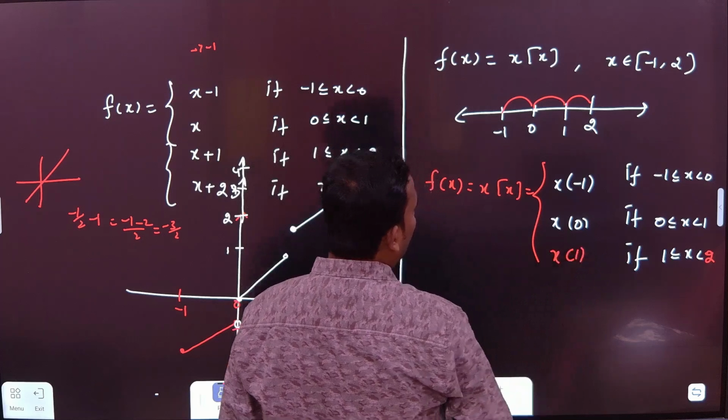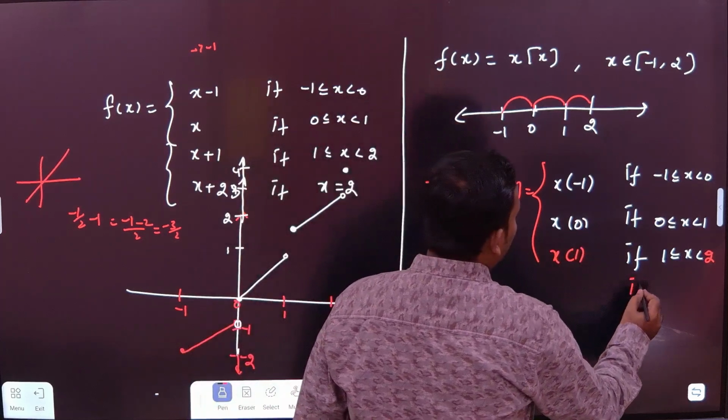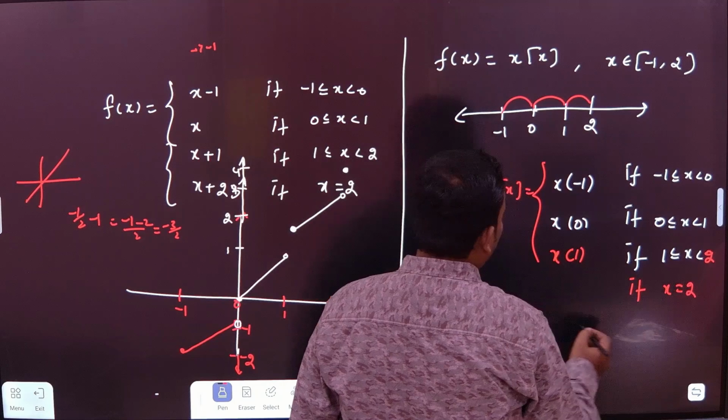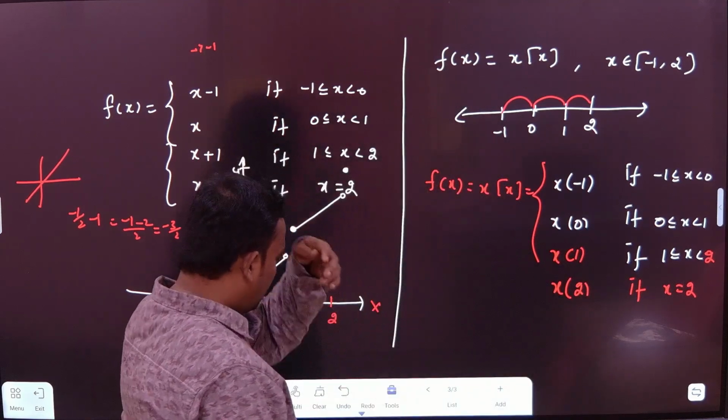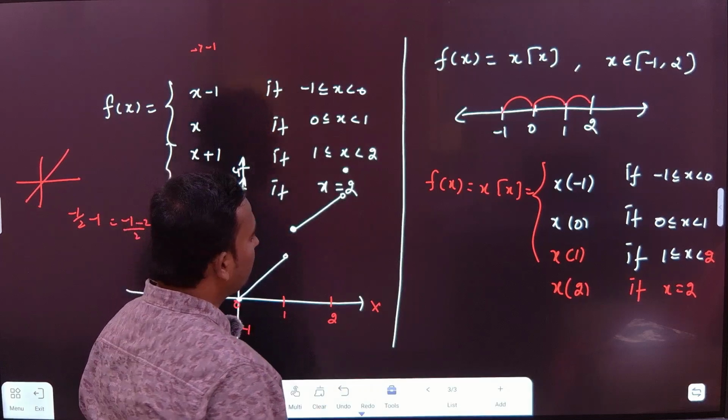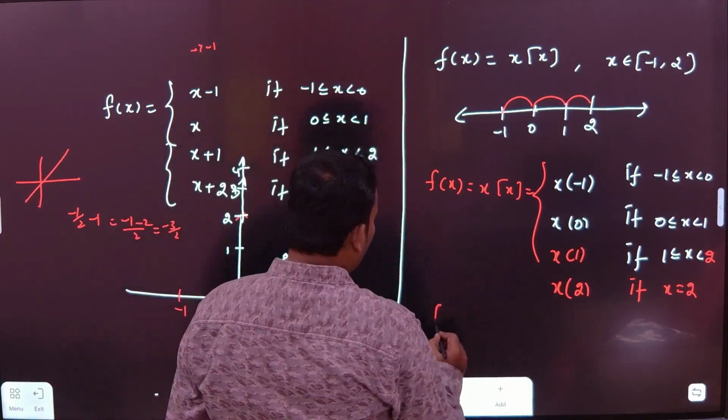X into 1. When you take x equal to 2, it is 2, right? Clear?